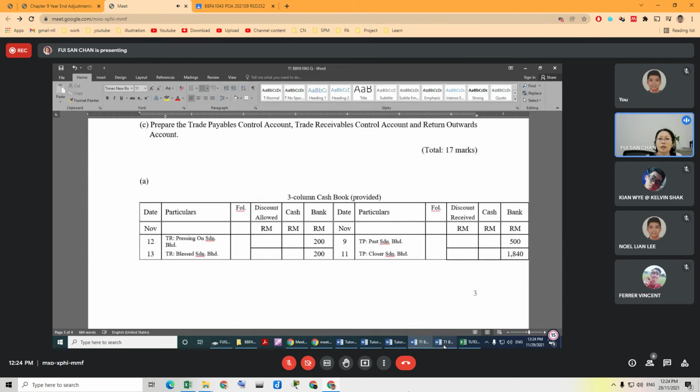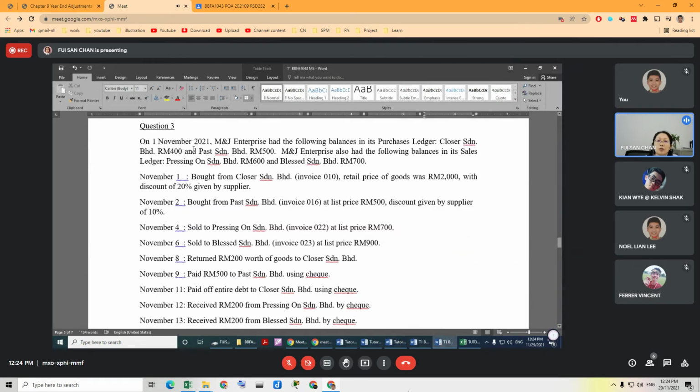Okay, so if you look at your answer, it said 1st November, MJ Enterprise had the following balances in its purchases ledger. Now, you see we have Closer, our supplier. All the opening balances here. Closer has opening balance 400. Past has 500. Okay, MJ Enterprise also had the following balances in its sales ledger.